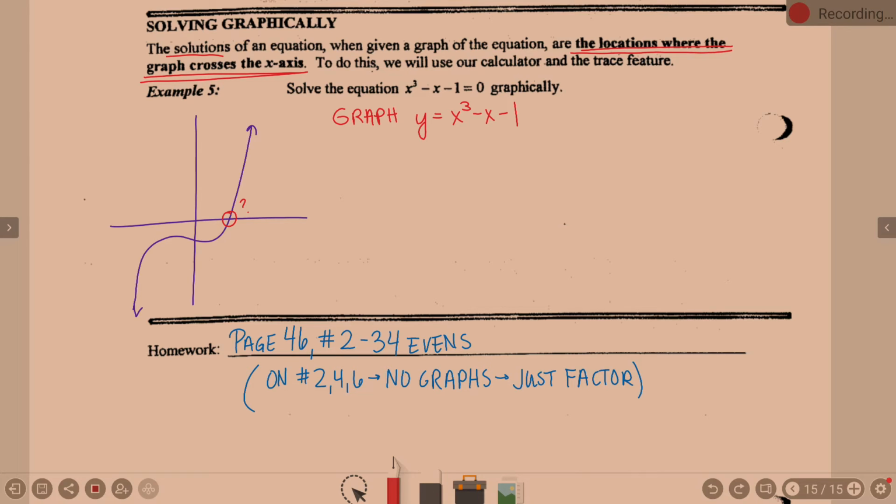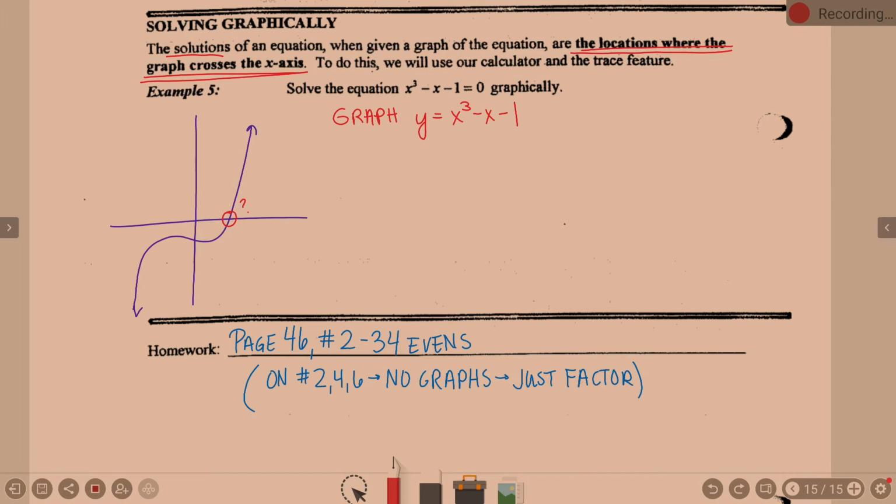And that is 0. So I'm going to go down to 0, and I'm going to hit enter. Now, the calculator guides me. It's asking right now, left bound. So I just want to make sure my cursor is to the left of where we cross through the x-axis, which it is. And then I'm going to hit enter.